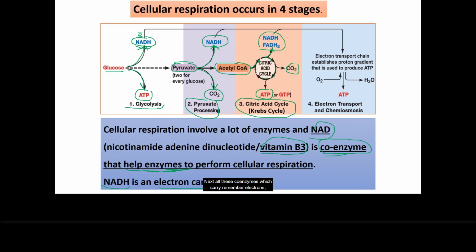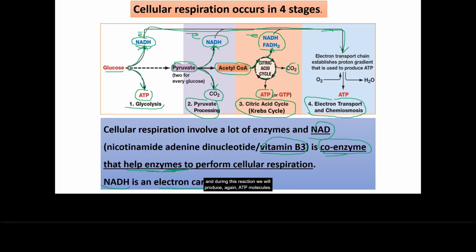Next, all these coenzymes which carry, remember, electrons, a lot of electrons, these molecular electron carriers, will be used in the electron transport chain reactions. So this is the last stage of cellular respiration, called the electron transport chain reaction or chemiosmosis.